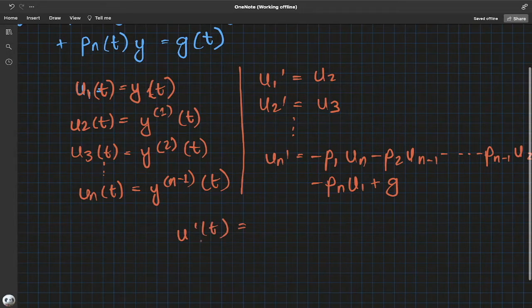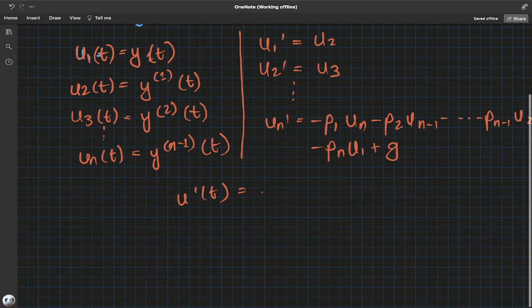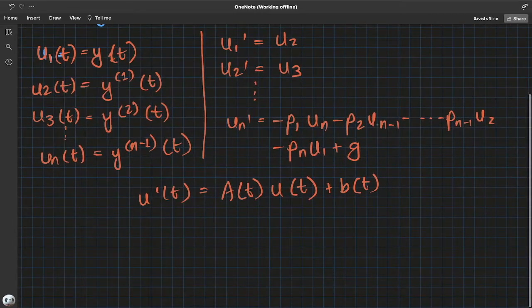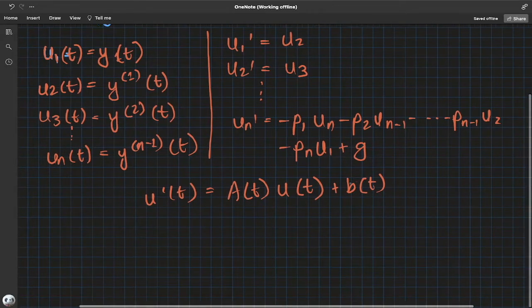And then U prime of t can be represented as, like before, some coefficient matrix A of t multiplied with U of t plus B of t, because the thing is G is not associated with any of the U's. So it's sort of like a stray factor, and we need to account for that with this B term.